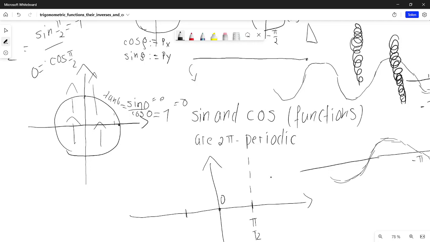And by pi fourth, if you recall, the corresponding coordinates of sinus and cosinus are equal, and then the tangent is just 1, and that we could draw out here.